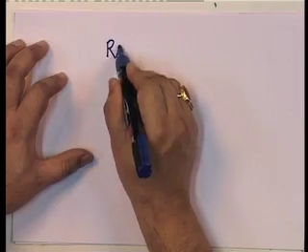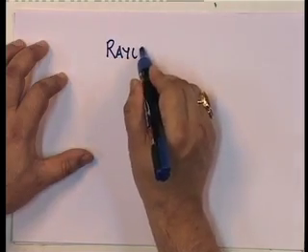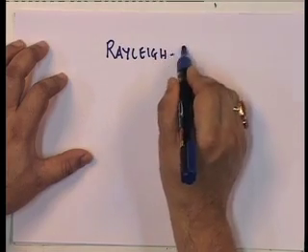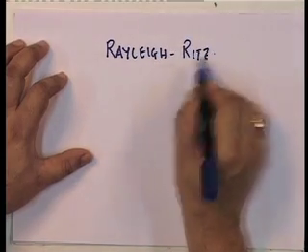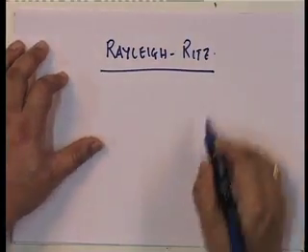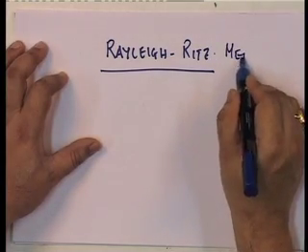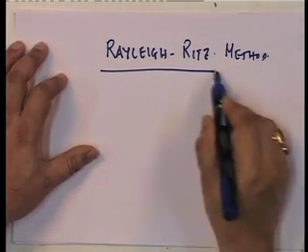Now, the method that I am going to be talking about right now is actually known as the Rayleigh-Ritz method.